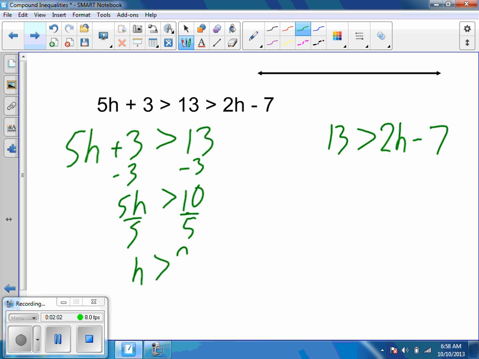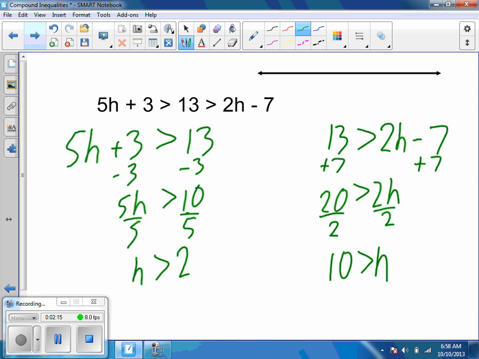And I get h is greater than 2, and then over here, add 7, divide by 2, and I get 10 is greater than h.